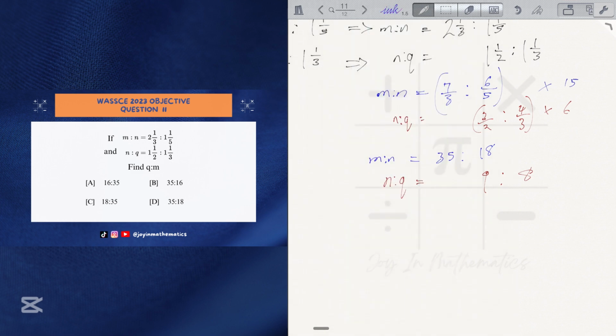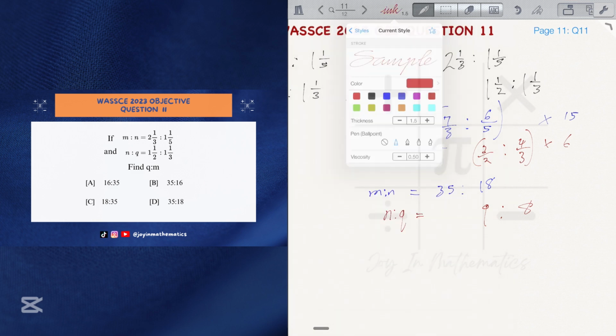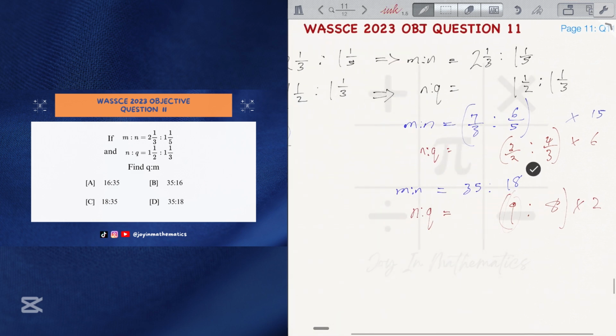Now, remember our target: to make these two values of n equal. For 18 and 9 to be equal, we have to multiply 9 by 2, because 9 multiplied by 2 is equal to 18.